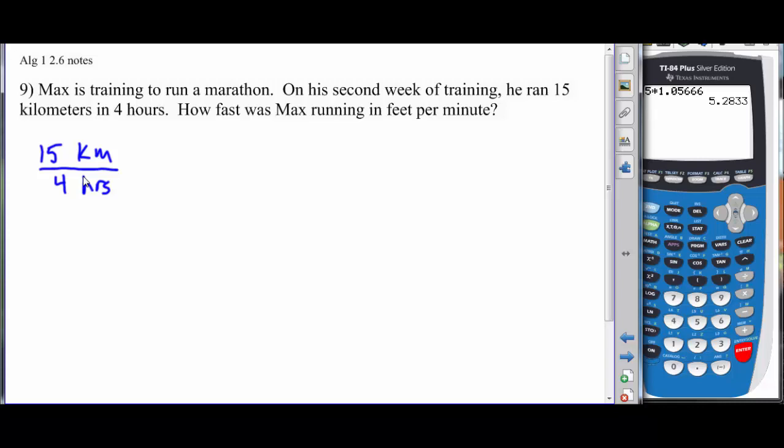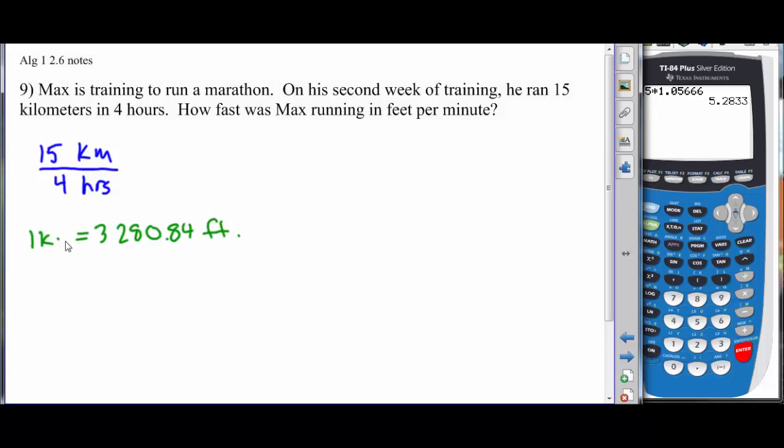Now, things you need to know. 1 kilometer is about 3,280.84 feet. And again, this is coming from the cheat sheet that I'll give you. You don't have to memorize this number. Just know how to look it up off the sheet.